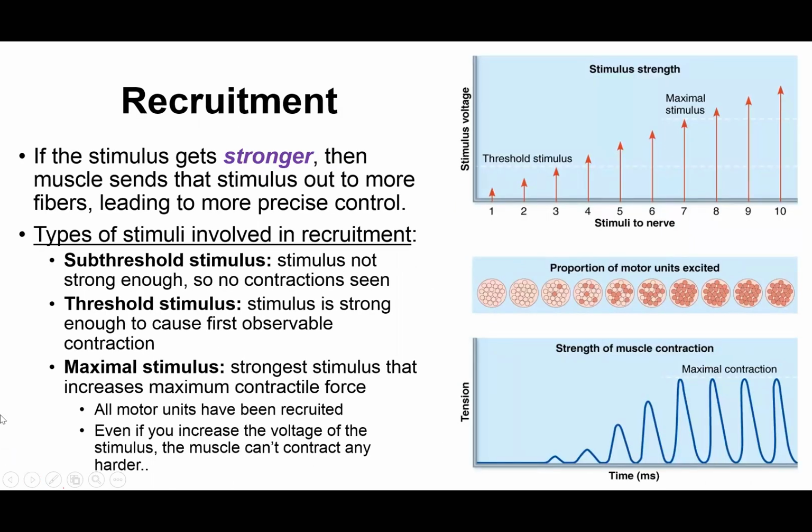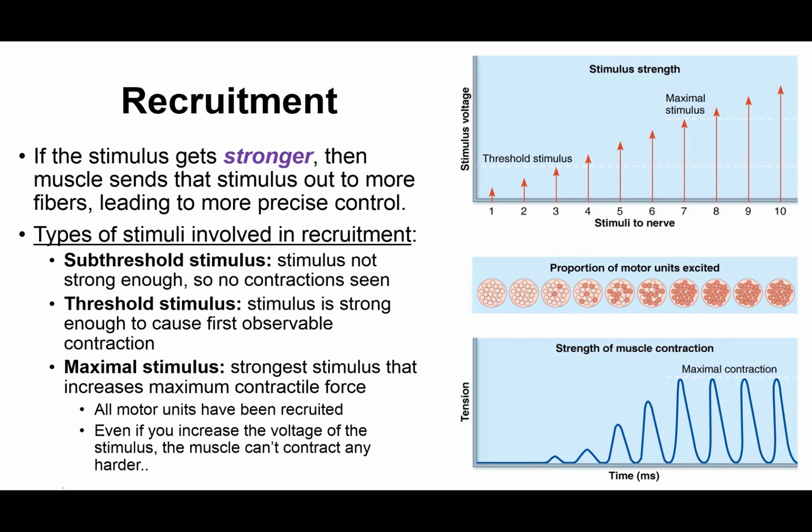So now we've talked about the frequency of muscle contraction, and let's talk about how we increase the strength. Now, if the stimulus gets stronger, then the muscle is going to send that stimulus out to more fibers.